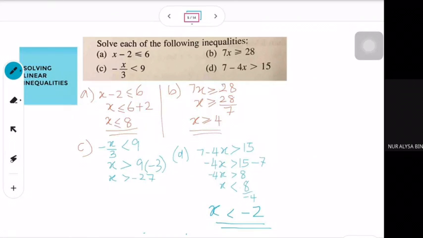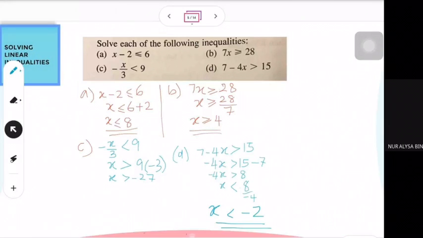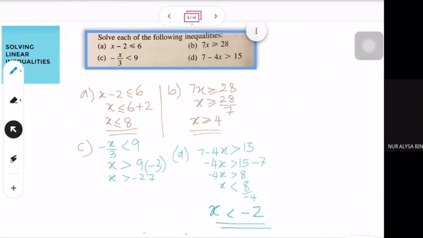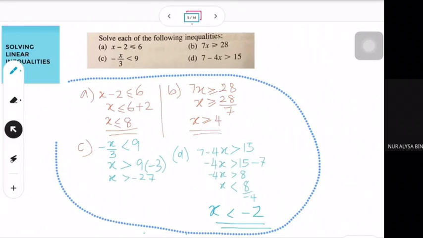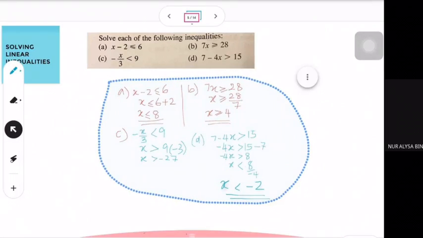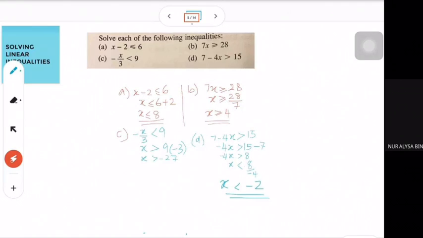Any question? Okay, macam mana kalau kita nak label in a number line? Let us represent this on the number line for A, B, C and D. Siapa nak try buat kat sini? I hope you can volunteer and just mention your name and which number you want to do, so that tak bertindih lah dengan orang lain.